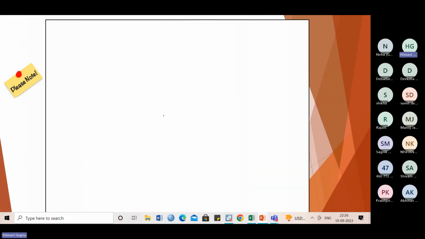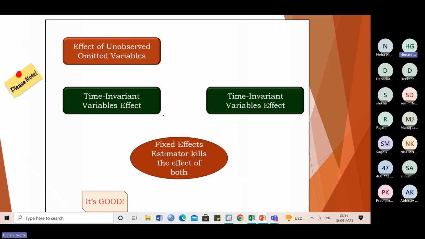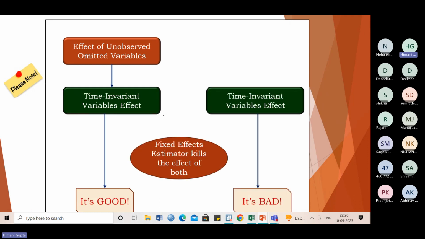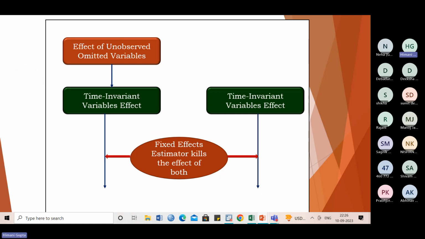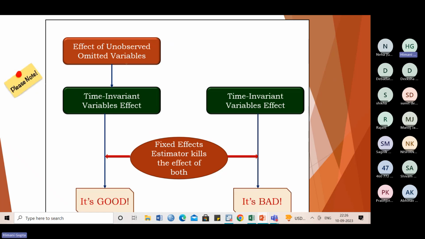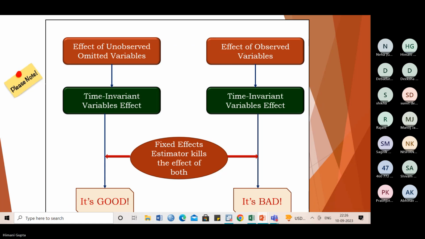The main thing we have to consider is that the effect of an unobserved omitted variable is the main problem. If you are able to judge a variable, an observed one, but have not included it, that is bad; you have to include it.